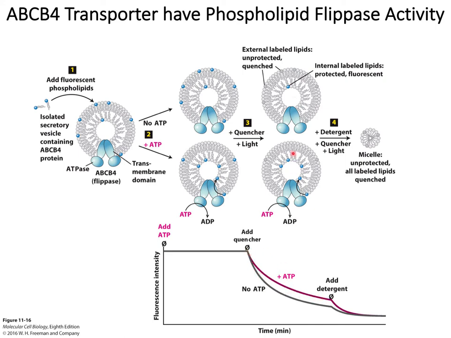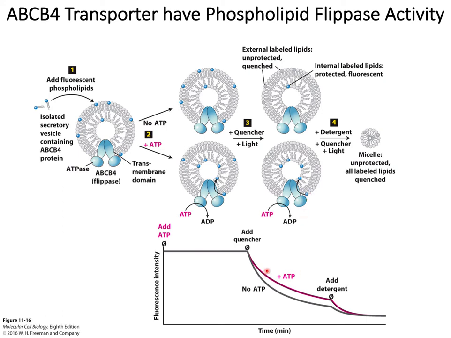But if you compare the liposomes which were added with ATP, where the ATP was utilized by the ABCB4 to flip the phospholipids inside, the fluorescence is much higher than in the samples where you didn't add any ATP, because no ATP means less fluorescence, which is right here, because all the fluorescent molecules still remained on the outside of the membrane and all of them are quenched by the dithionite. As they did not flip inside, they were not protected, so all the fluorescence from the surface is gone.